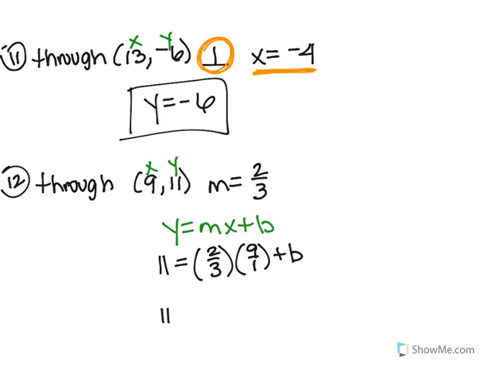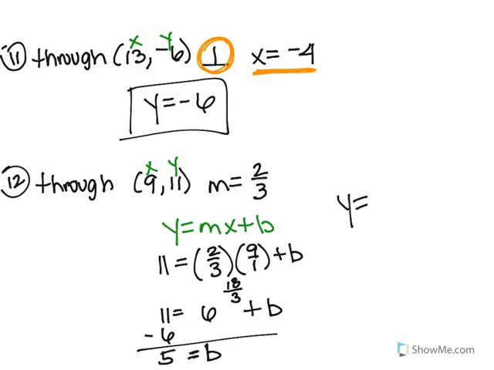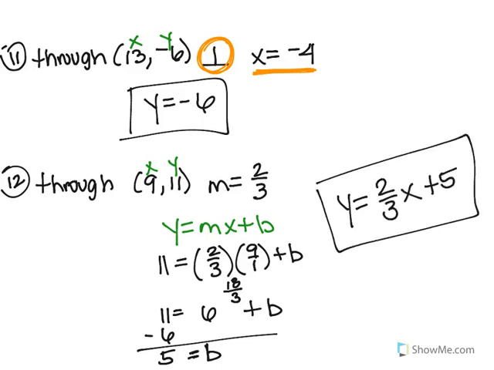And so you have 11 equals, this would be 18/3, which reduces to 6, and you're going to subtract 6. So b equals 5. So your equation would be y equals 2/3 x plus 5.